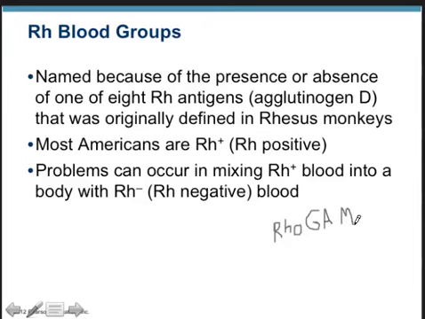Now remember that in the case of two individuals who are both Rh negative having children, we don't have to concern ourselves with this problem because there's no possibility that they can have an Rh positive child. Basically, the only way that you can have an Rh positive child by an Rh negative mother is if you have an Rh positive father.